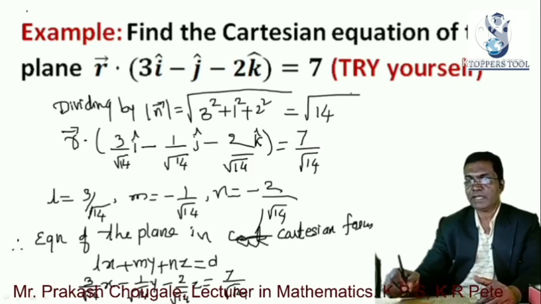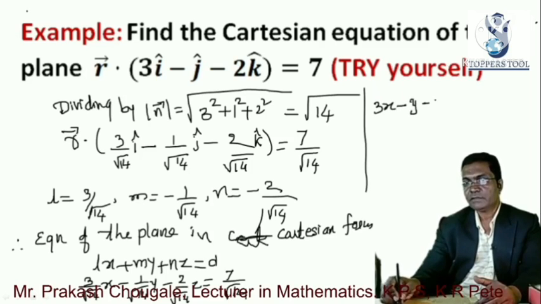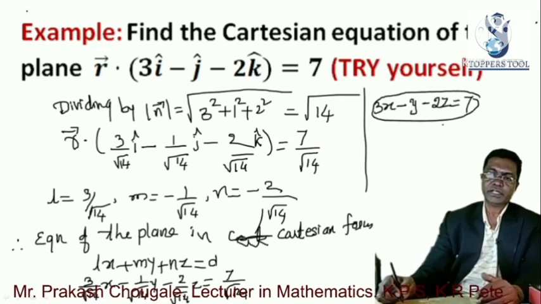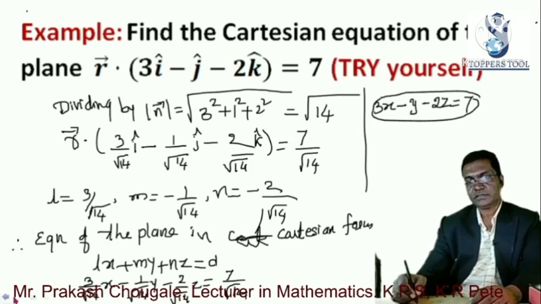So if you multiply throughout by root 14, finally you will come up with 3x minus y minus 2z is equal to 7, as I said earlier. Okay, so you can write directly or you can find it in this way.